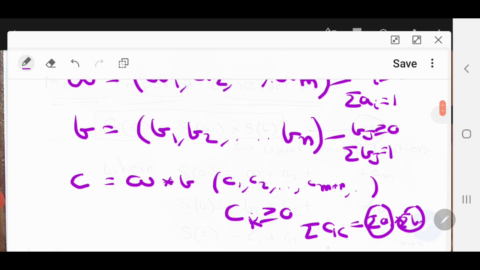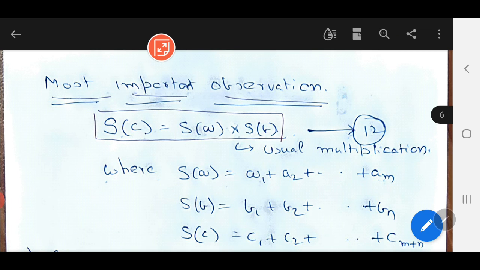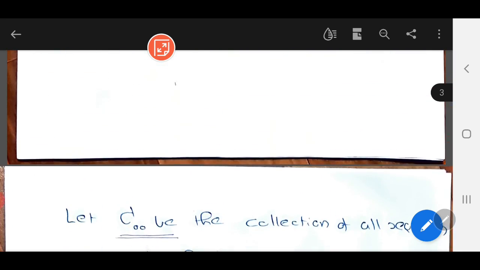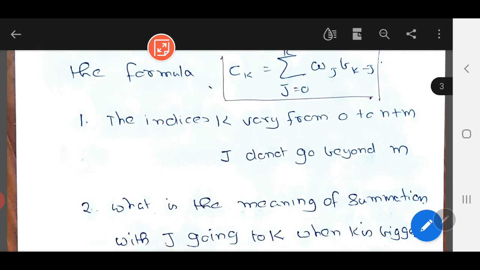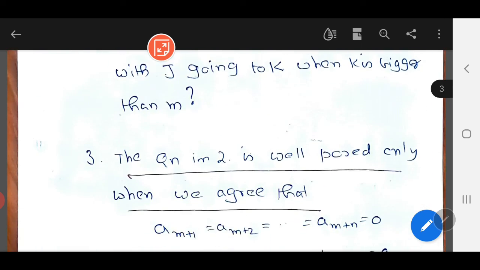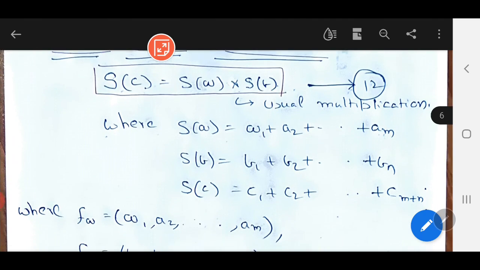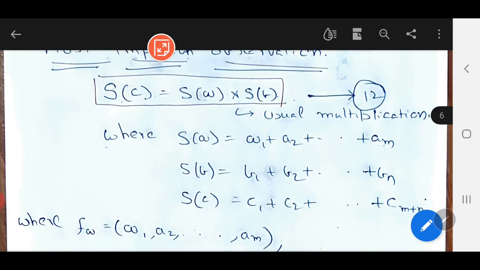That is why this sum of Ck is also 1. Therefore, this becomes a probability vector. Probability vector means they are non-negative and the sum is 1. So that is the role of that formula 12, which I am talking about. Yeah, this is the formula 12.